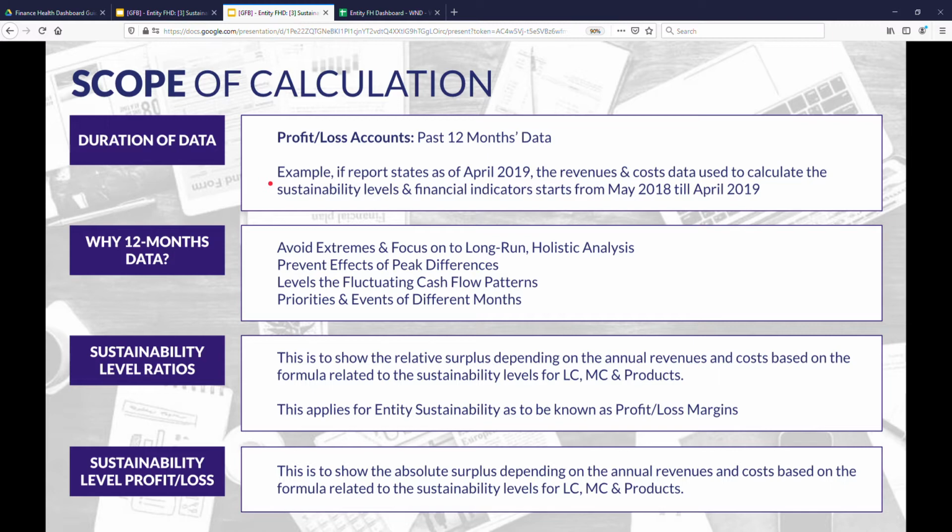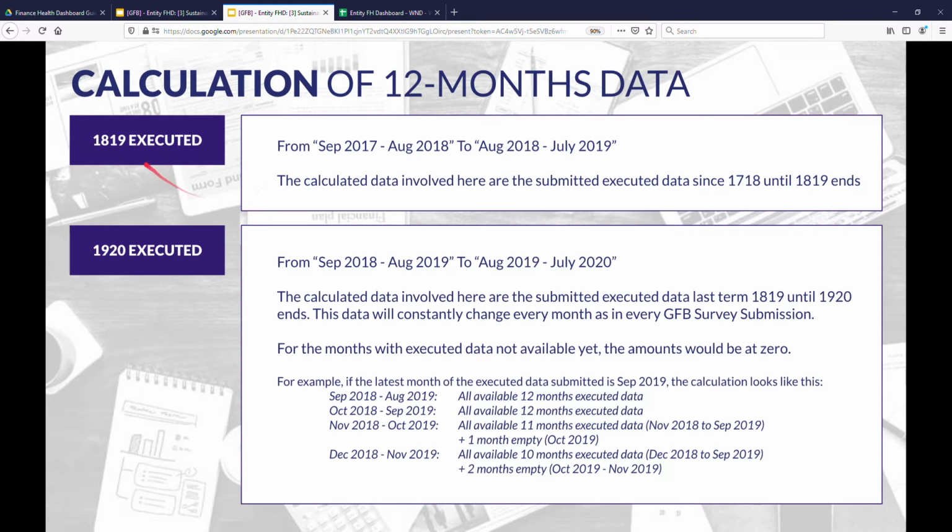Then the scope of calculation. This was already discussed before. For sustainability, we're going to focus more on 12 months data because we want to avoid the extremes. It's more holistic, and we avoid fluctuating cash flow patterns. There are three types of 12 months data. First, 1819 executed is calculated from submitted executed data from 1718 until 1819 ends.